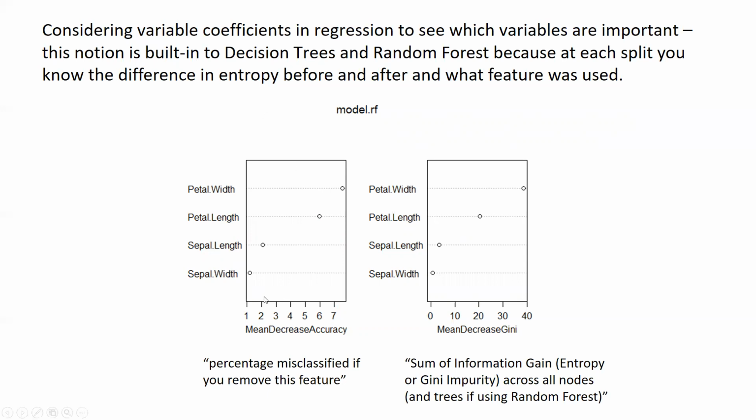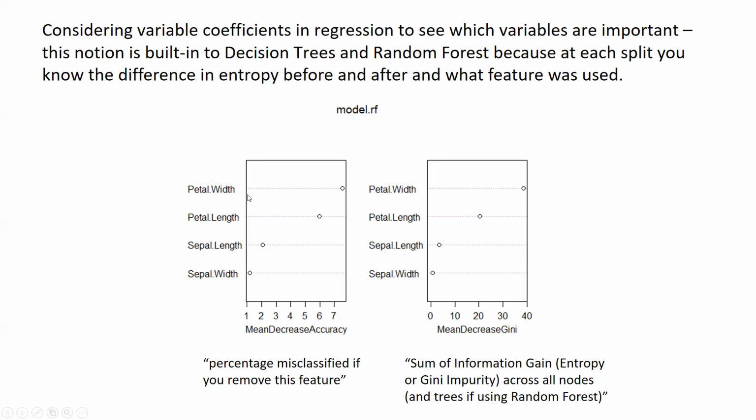This means that we can rank our columns of data based on how important they are to our classification process. Take the famous iris data set, which is in R or Python, where you're trying to classify what species the plant is based on sepal width, length, petal width, length, and so on.